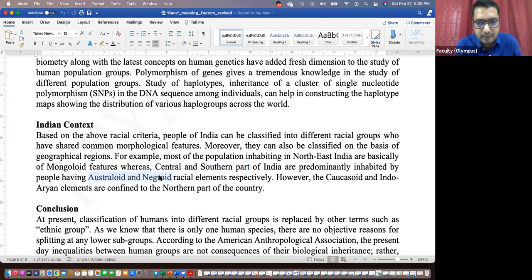And the northern part of India shows more Caucasoid and Indo-Aryan elements. So in the Indian context also, we have differences in different elements, depending on where people have come from and inhabited. Some of those racial elements are still there.